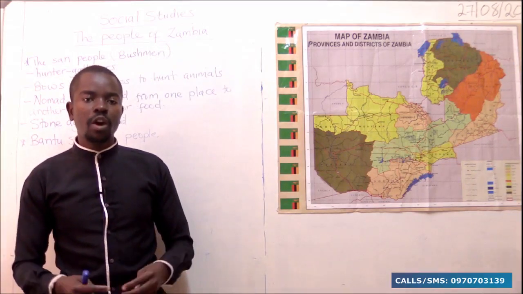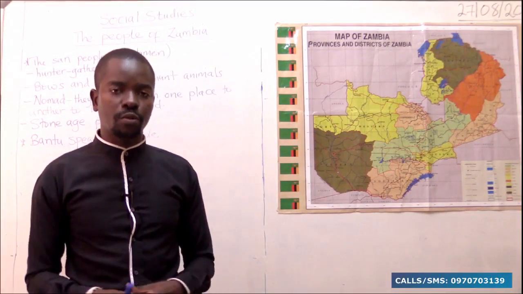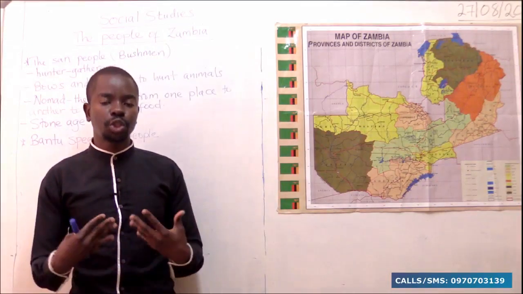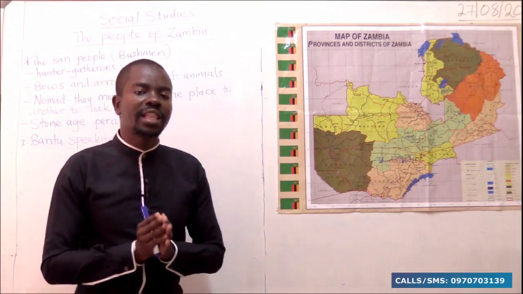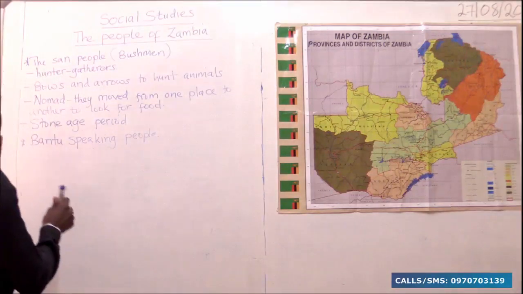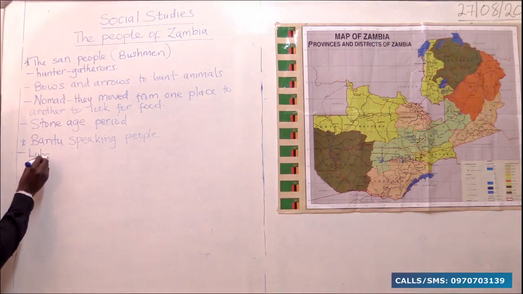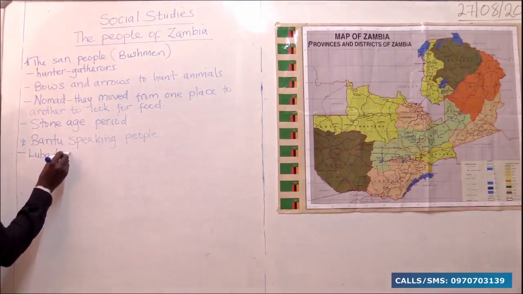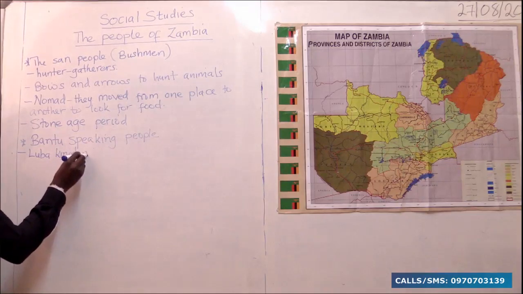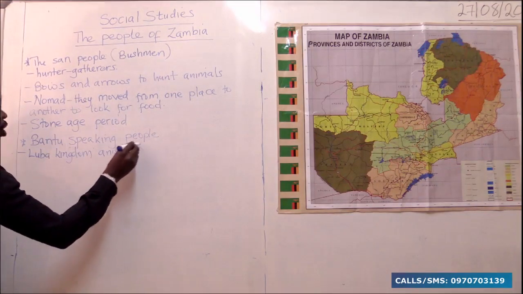As they were moving eastwards, they came into what is known as Congo DR today. In Congo DR they formed two kingdoms, and these were the Luba kingdom and the Lunda kingdom.